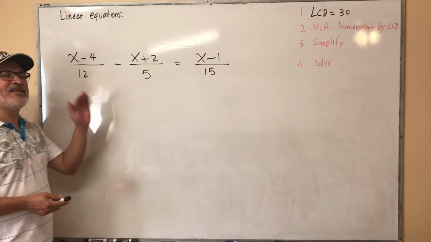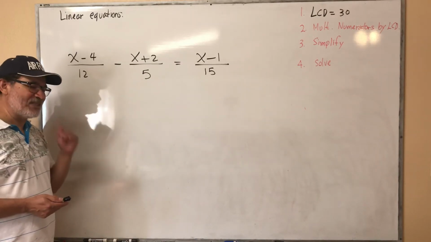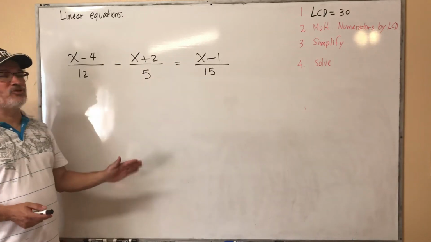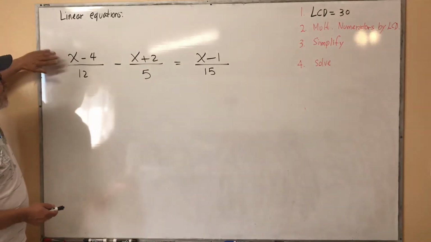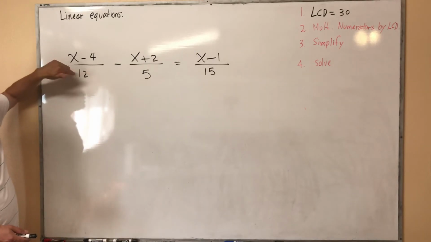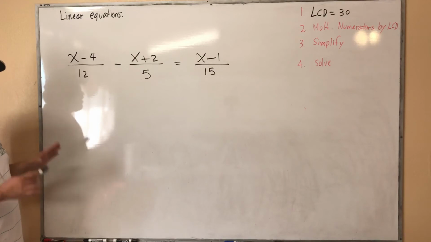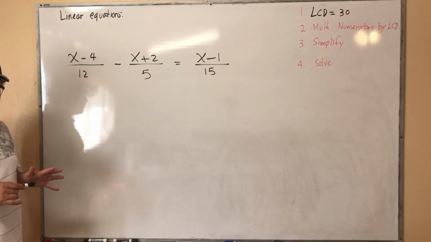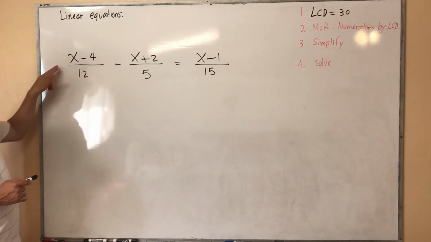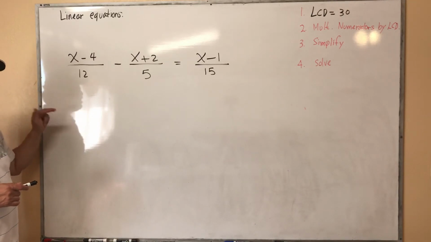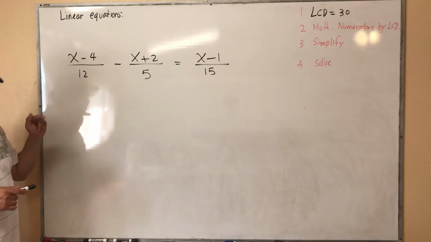So to find the LCD, we need to factor the denominators. So I want you to take the entire equation and we're going to find the prime factorization of each denominator. Once again, rewrite it with the prime factorization of each denominator. Okay?